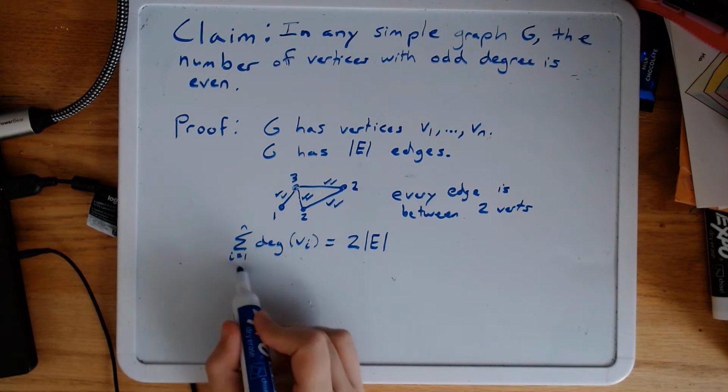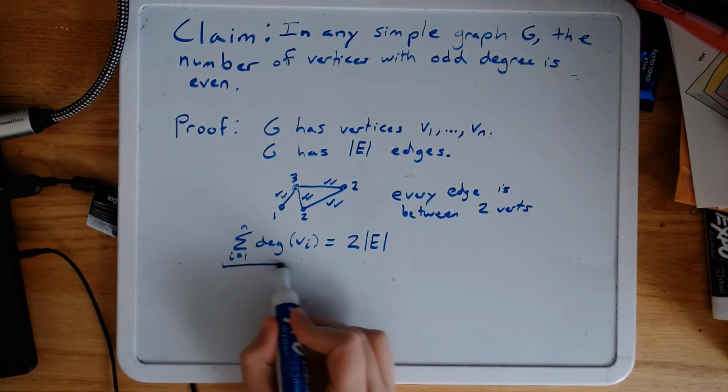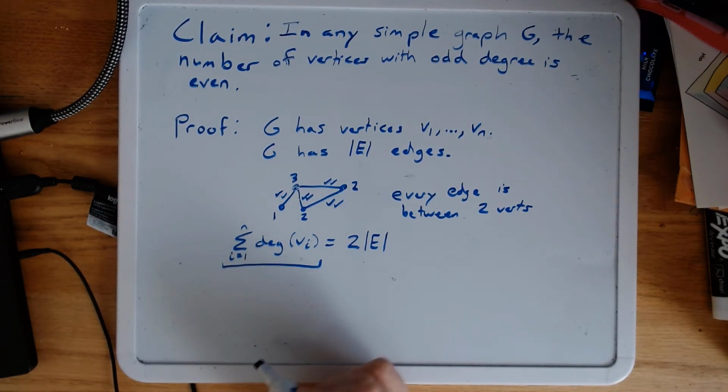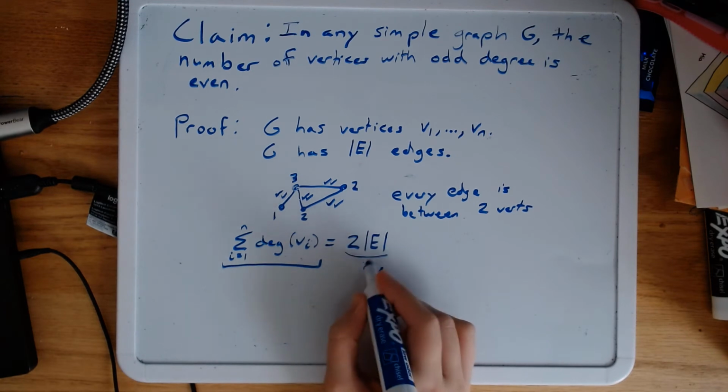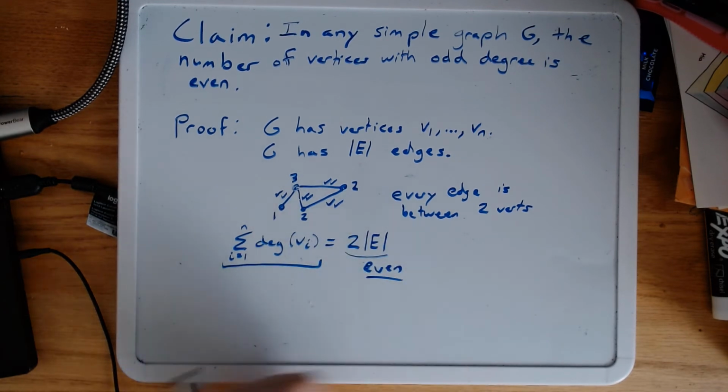But this is useful, right? This tells us that the sum of all the degrees of vertices in our graph has to be even.